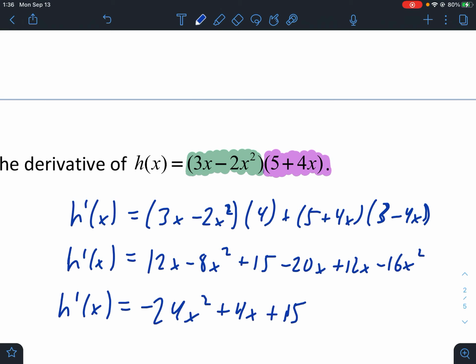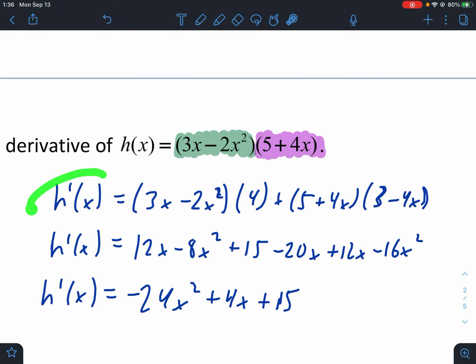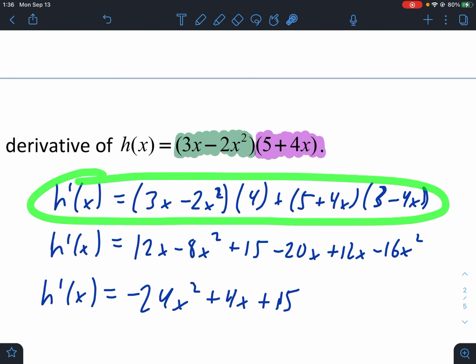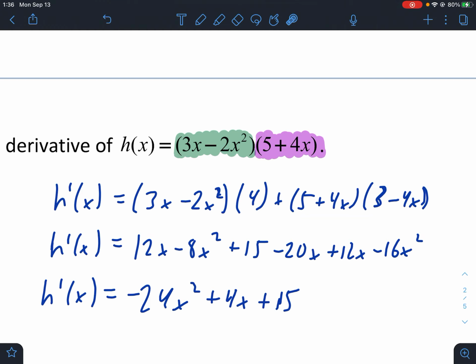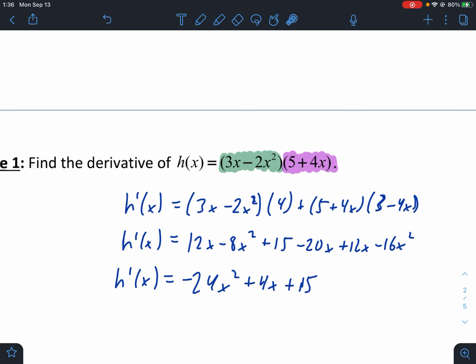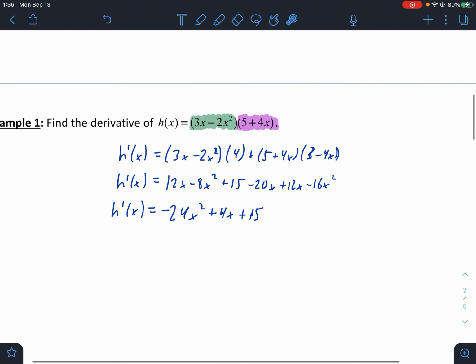Hopefully I didn't make any mistakes there. But really, like I said, you could stop here if this is a written question, and we're okay with that. A grader would give you full credit for that because we're trying to test your calculus skills, not your algebra skills here. The next steps are mostly just simplifying in algebra.